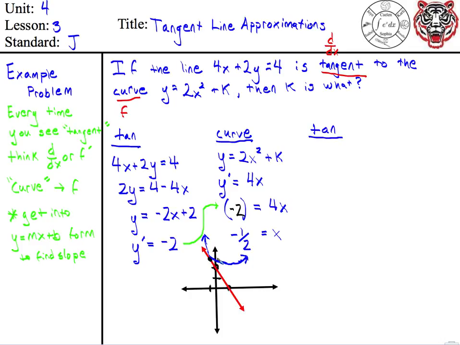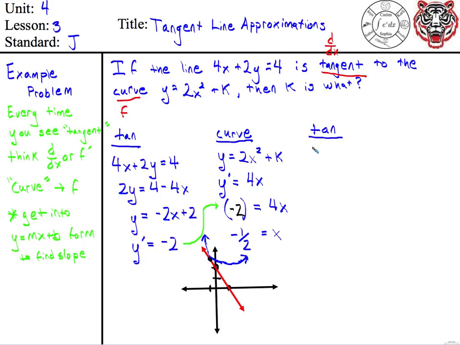Because of the uniqueness of what we found, we can plug this negative 1/2 into the equation for our tangent line because they share the same point in common. If we plug negative 1/2 into our tangent line, we should find the y-coordinate of this point. Remember, we need the y-coordinate in order to plug in both y and x to leave only one unknown and then solve for it. So here we go. Our equation was y equals negative 2x plus 2.